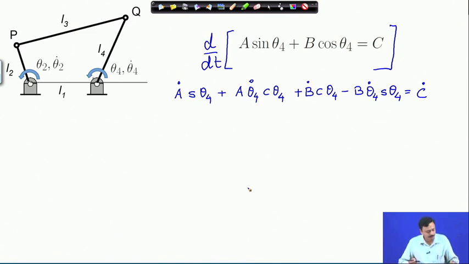So, this is what we will get by differentiating this expression with respect to time.